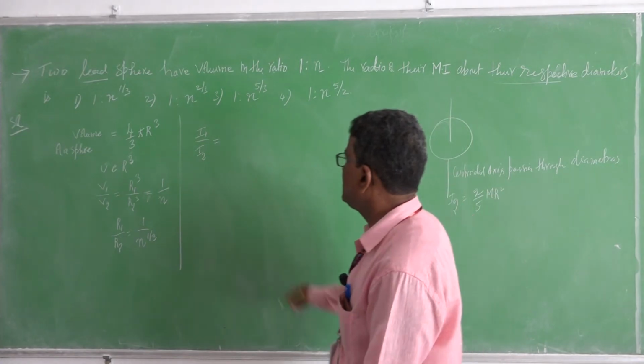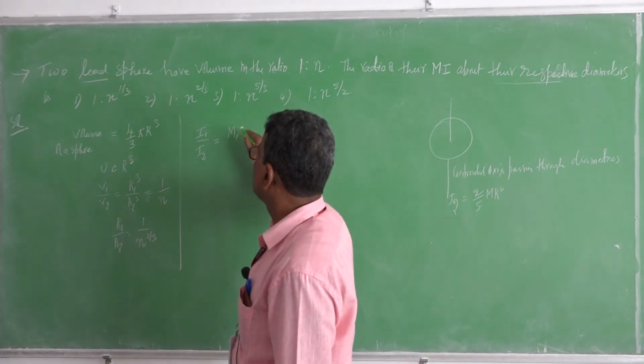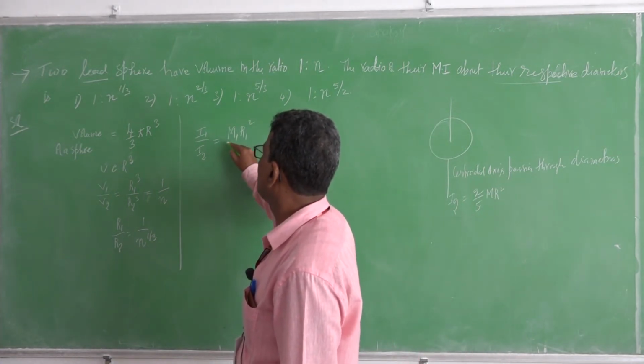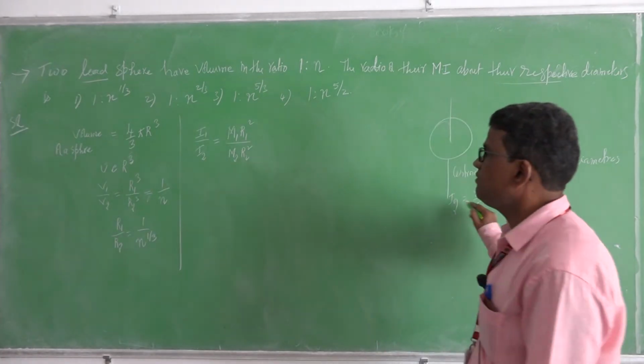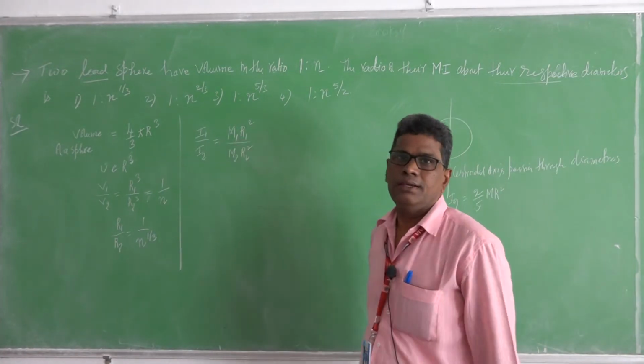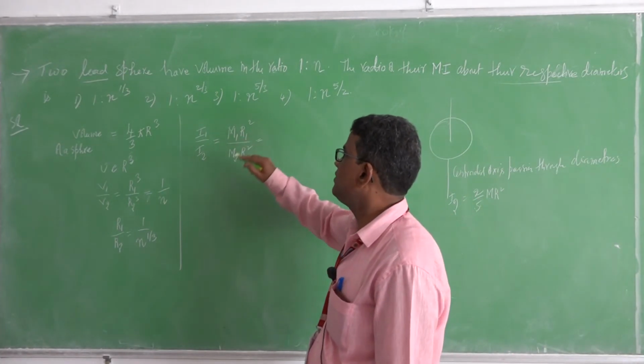So I1 by I2 is m1 r1 square by m2 r2 square. What is m1?